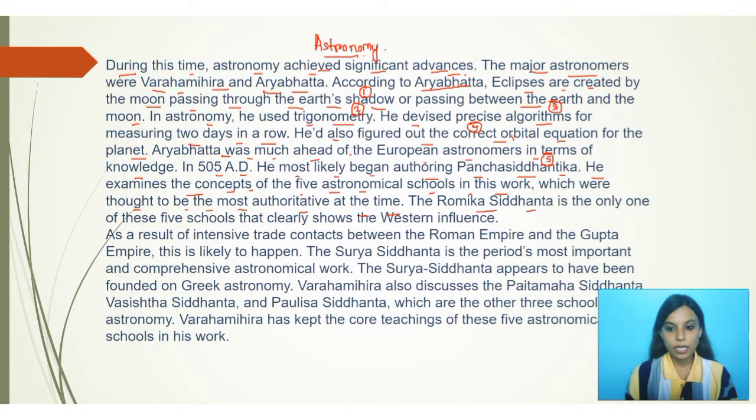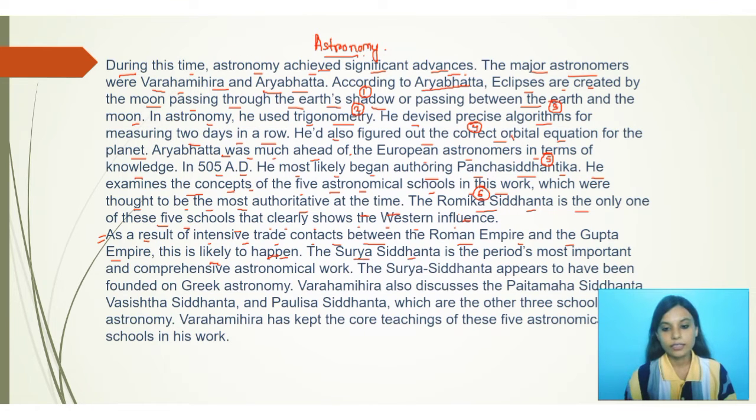The Romaka Siddhanta is the only one of these five schools that clearly shows Western influence. So even during that time, there was Western influence, all right? As a result of intensive trade contacts between the Roman Empire and the Gupta Empire, this is likely to happen.